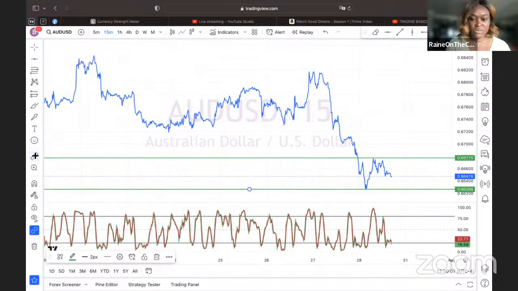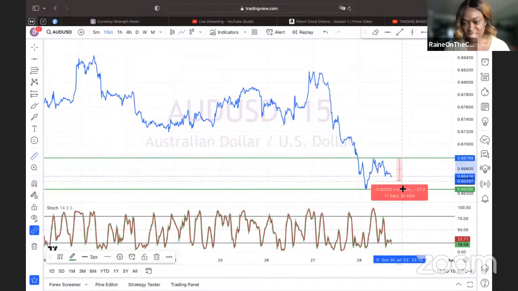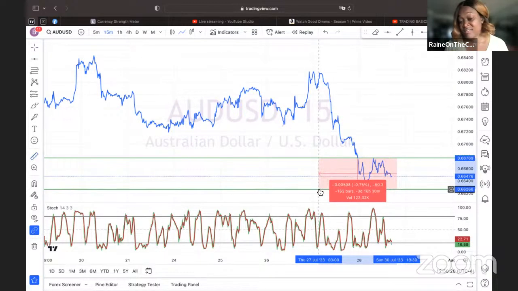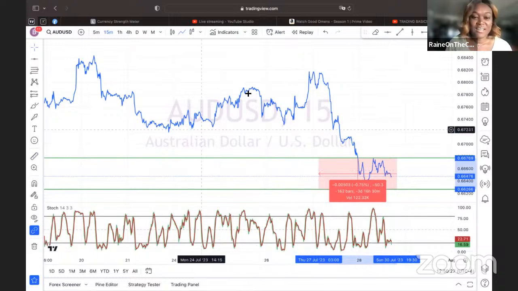Let's use the ruler now and see what that is. Why is it looking like it's 50 pips? Hey, that's 50 pips too. I don't know. Let's look.